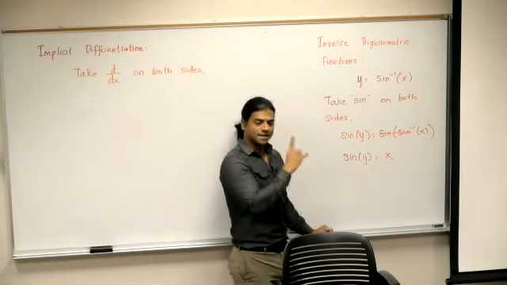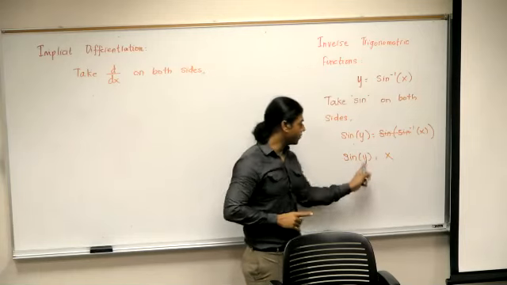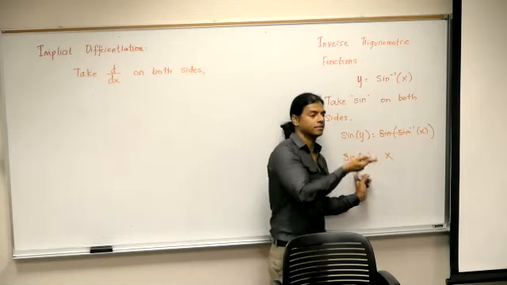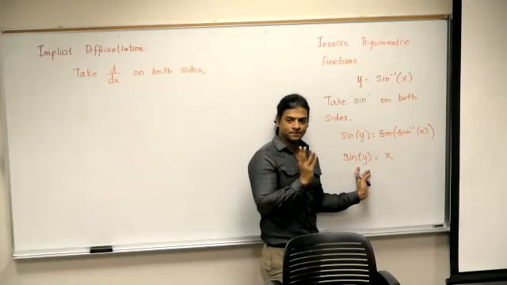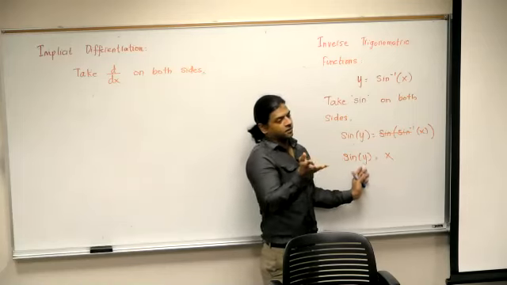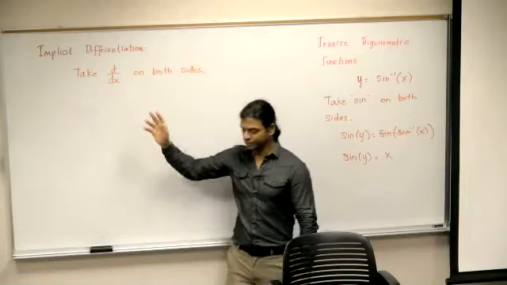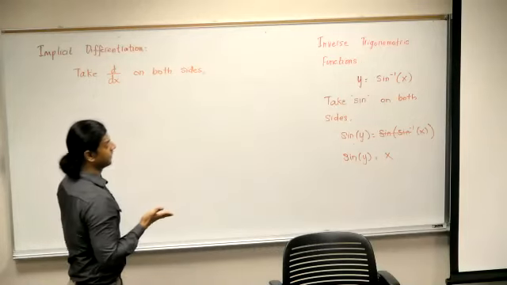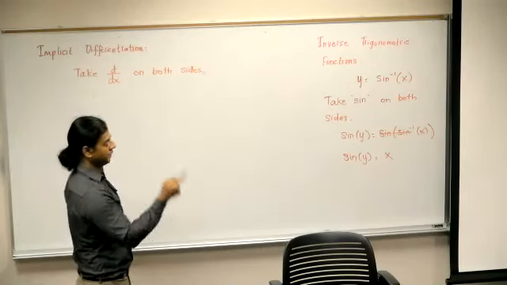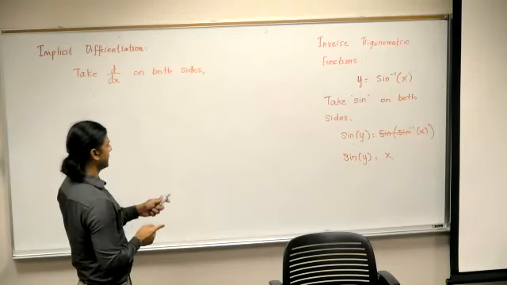Right, but that can't be 0 because y is a function of x. Do we agree? If y was just a constant, then the derivative with respect to x will be 0. But y is not a constant, y is a function of x.